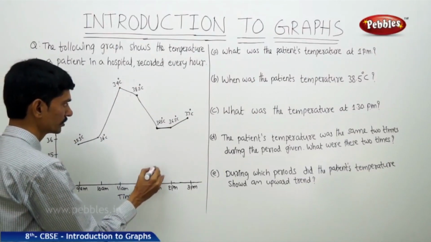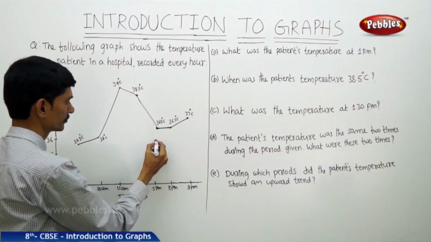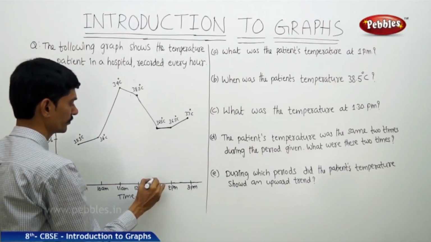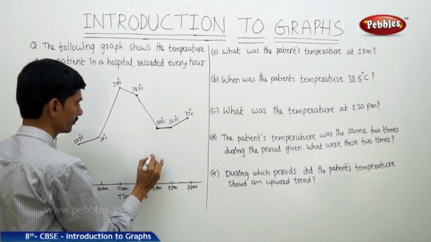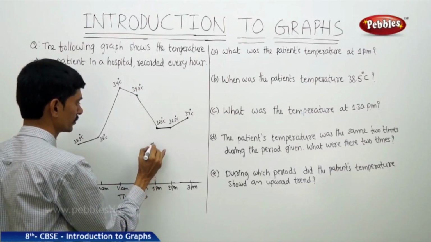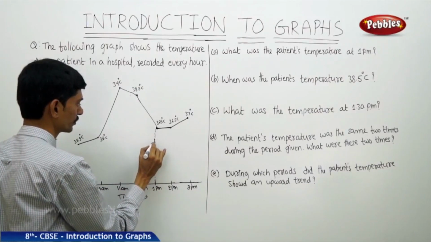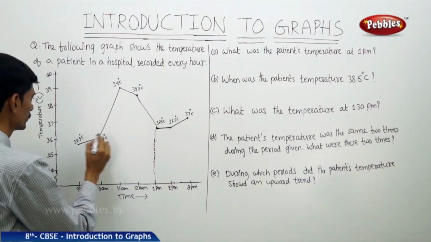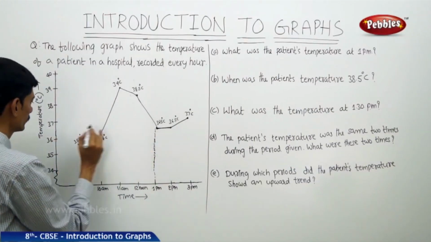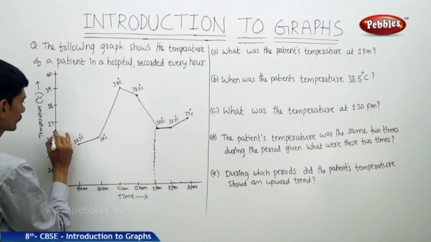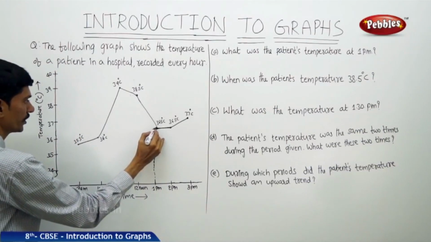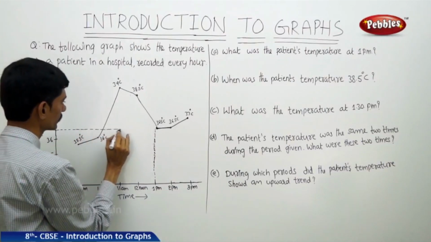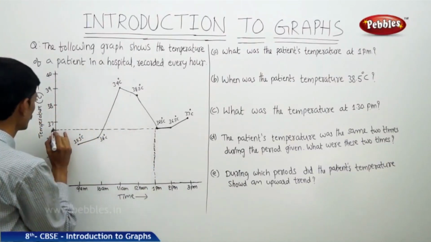Draw a vertical line from 1 p.m. It meets the line graph, and if you draw a horizontal line from the point where it meets the line graph, it is 36.5 degrees centigrade.